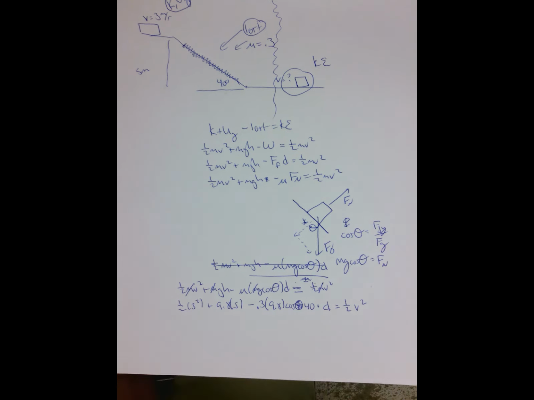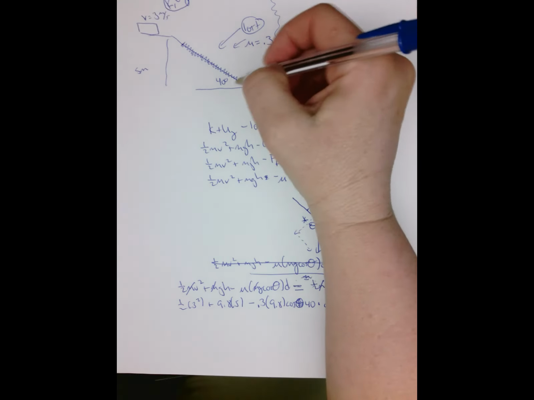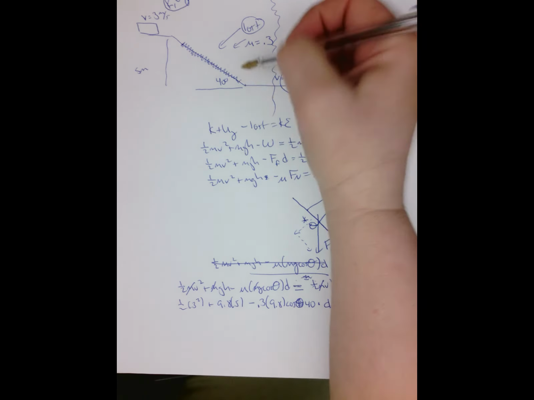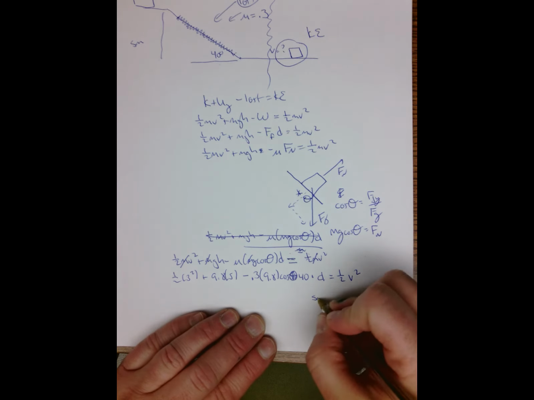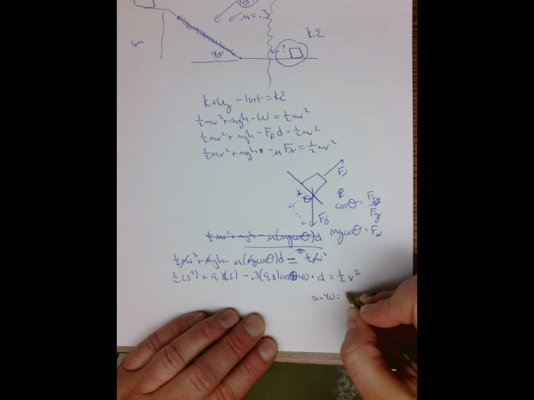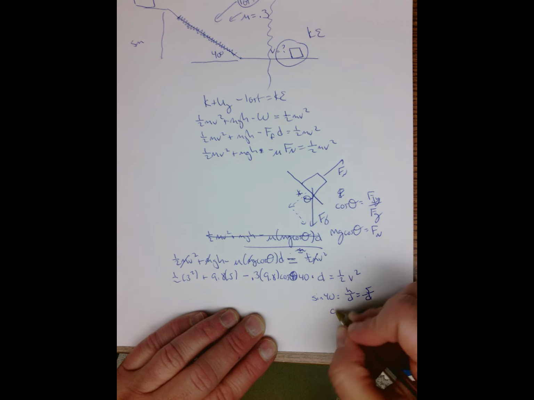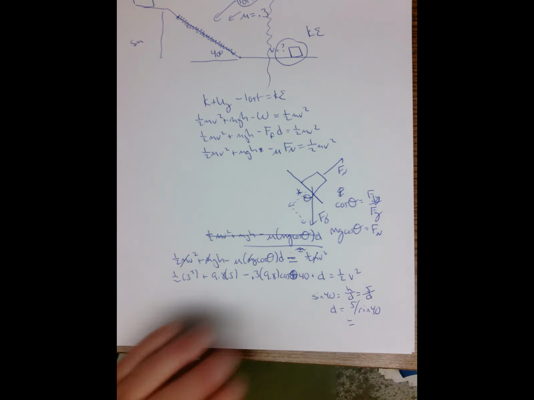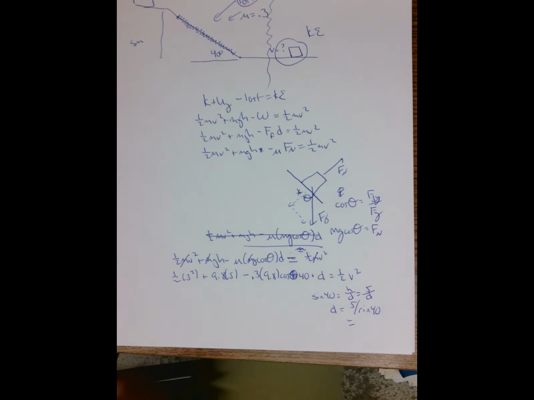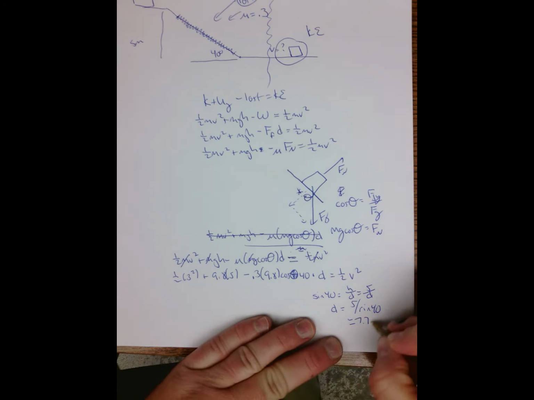It's a 5-meter tall hill at a 40-degree angle, so we've got to figure out the distance of the ramp. Sine of 40 would be h over d, which is 5 over d. So the length of the hill is 5 divided by sine 40, 7.7 meters.